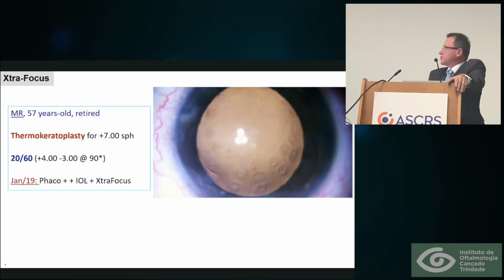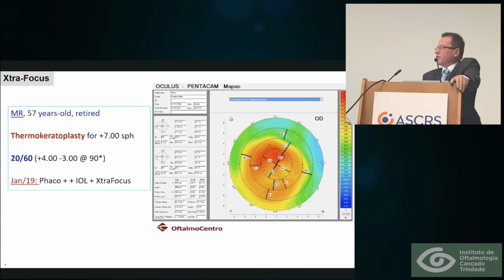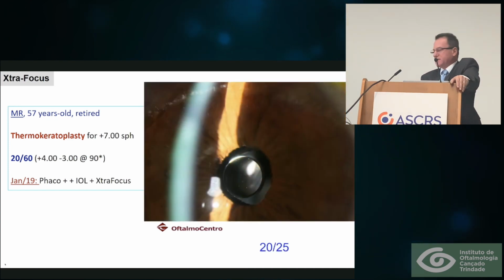And the last patient I want to show is this one that also had +7 and underwent a thermokeratoplasty in the past and ended up with poor vision, 20/60, with low quality vision. This is the topography. You can see irregular topography. This is post-op.